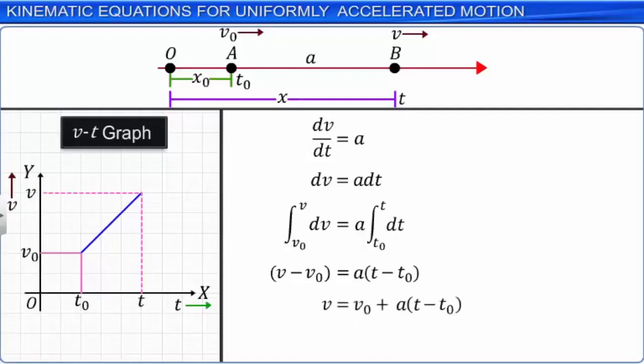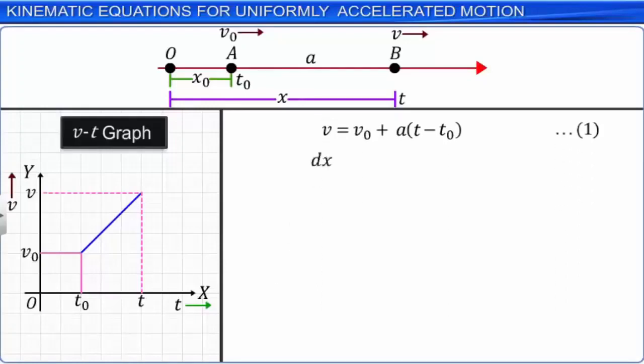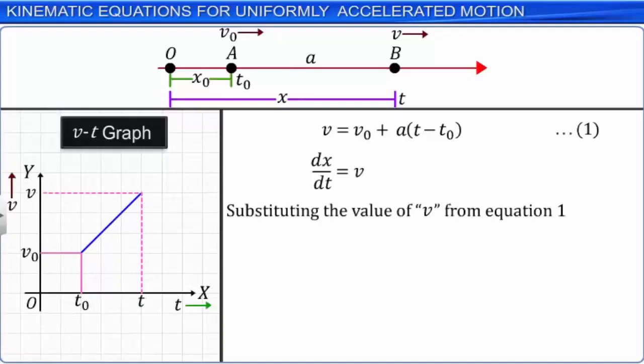We know that dx by dt is equal to v. Substituting this value in equation 1, we get dx by dt is equal to v0 plus a into t minus t0. By cross multiplying, we get dx is equal to v0 plus a into t minus t0 multiplied by dt.